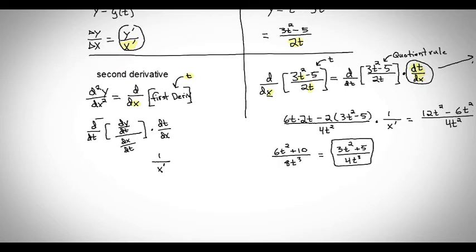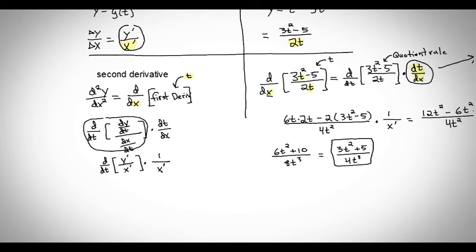As we're doing our second derivative here, we have the derivative with respect to t of dy dt over dx dt times dt over dx, which we're turning into 1 over x prime, just like what we did before. That means it's going to move into the denominator of all of this, because it's going to be multiplying. Although to write that a little nicer, derivative with respect to t, instead of saying dy dt, I'm just going to say y prime over x prime.